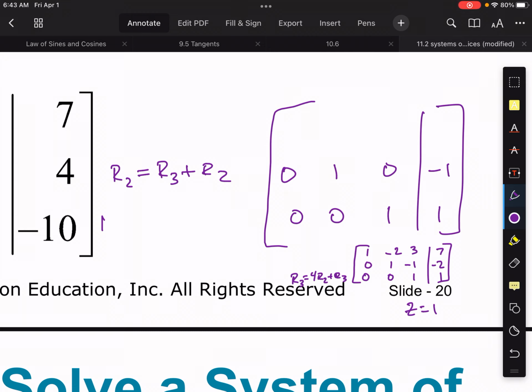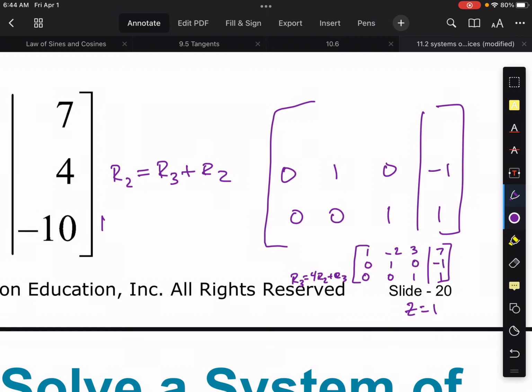Okay, so we're almost done, so sit tight here. So the last one here is what can I do to row 1 to get these guys to be zeros? Notice that's what I'm working on last here in this matrix. There's a pattern to what I'm doing. So one way that I can do that is, and what I'm going to do here is just make this my new matrix so I don't confuse anything here. 0, negative 1.